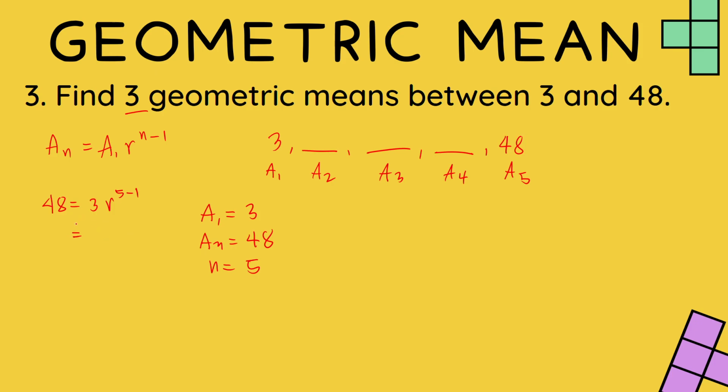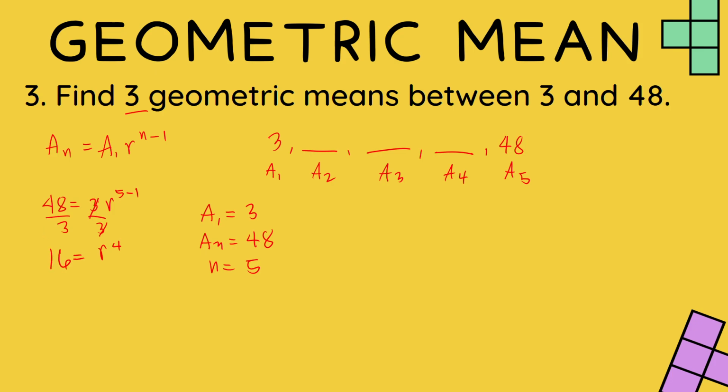So, dividing both sides again by 3, so that we could cancel this out. Then r raised to 4 equals 48 divided by 3. That's our answer, so it's 16.